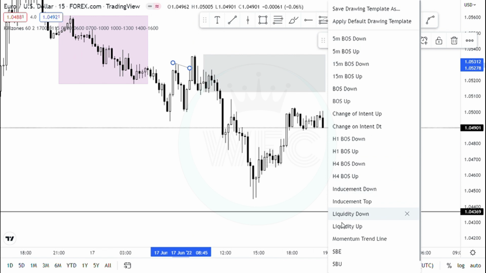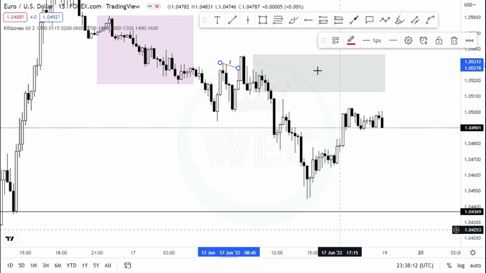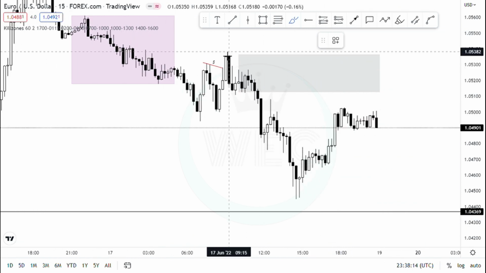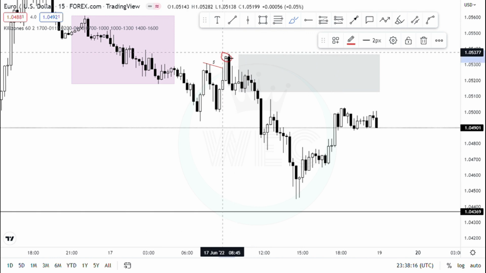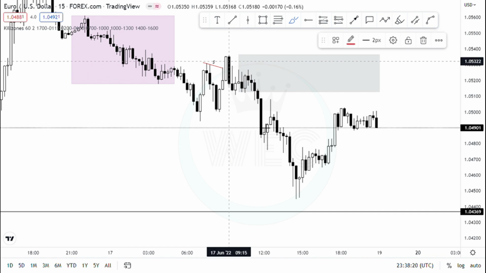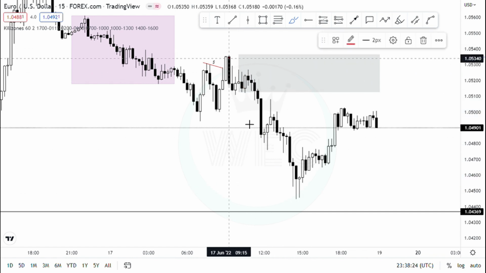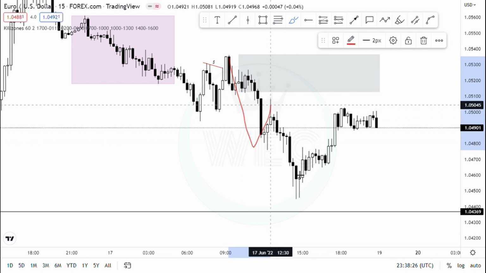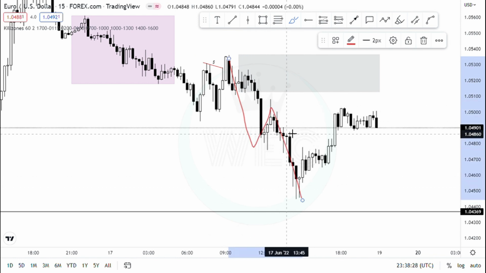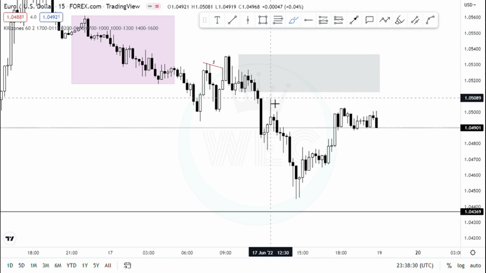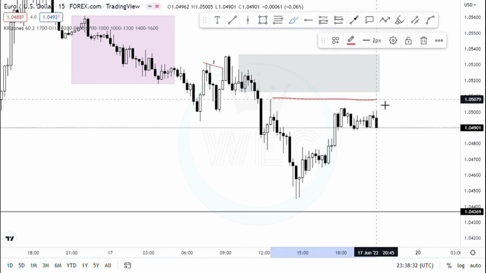So liquidity to the upside, and I have price taking out that liquidity. Also, within this whole bearish H1 leg, 15 minutes is making lower highs and lower lows. We can see that this last point of 15-minute supply is still being respected. It's not broken yet.